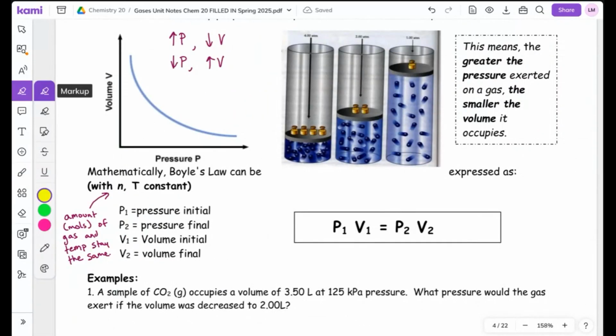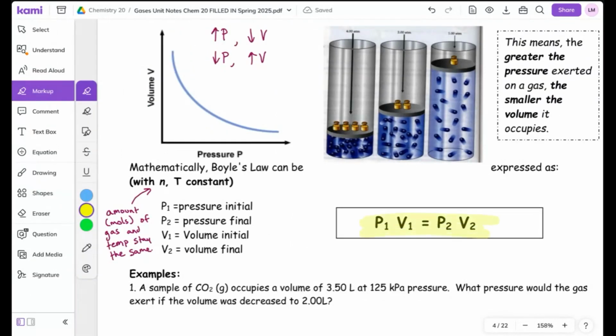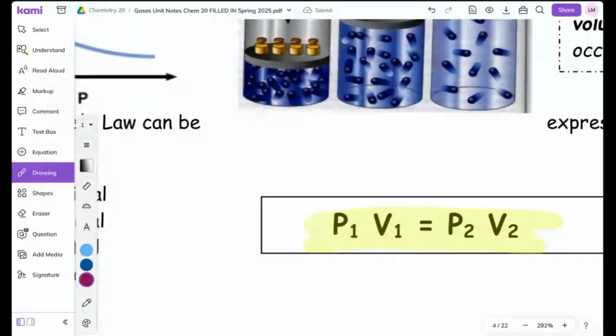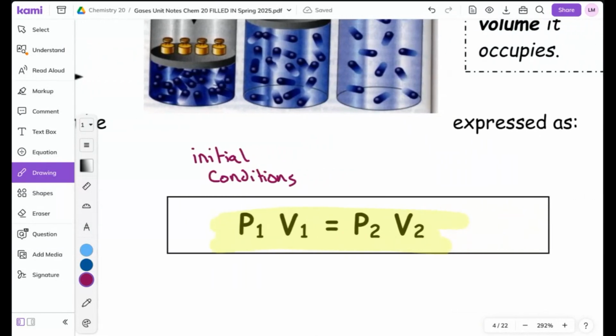Now, Boyle's law is P1V1 is equal to P2V2. So let's make sure to highlight this. P1 and V1, you could think of as the initial conditions of whatever gas sample you are talking about, whereas P2 and V2, you could think of as the final conditions of the gas sample.